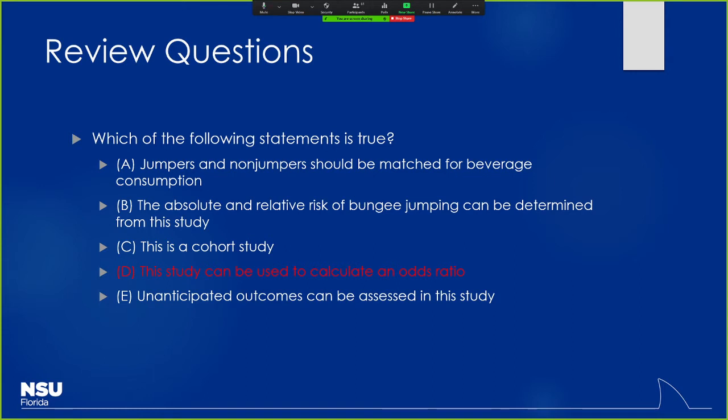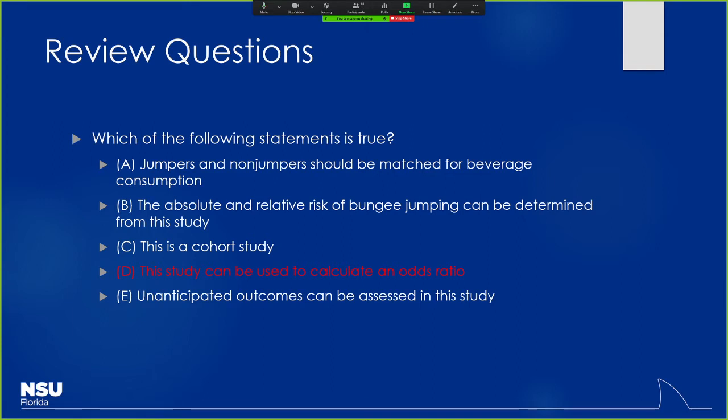So based off of that, why wouldn't you want to match them for beverage consumption? Well, because we want to find out whether there was an association between drinking Mountain Dew and bungee jumping, right? Do they live a more extreme lifestyle because they did the Dew?